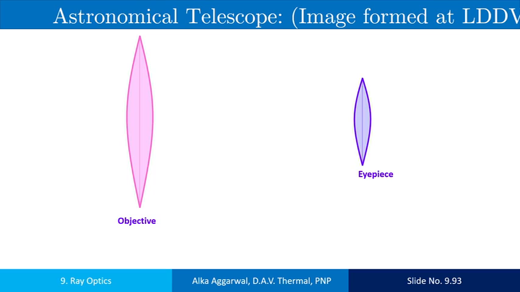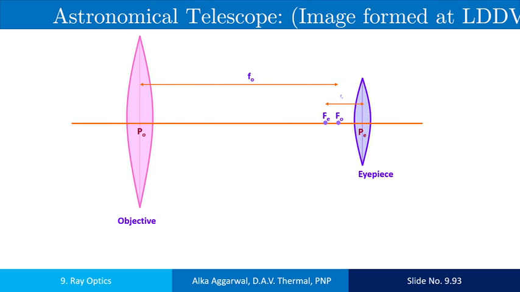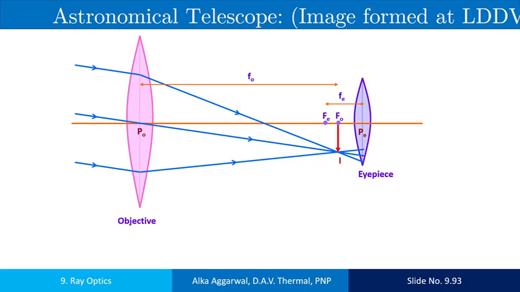The image formed by the objective lens is at its focus because the object is very far away, so the parallel rays converge at the focus of the objective and the image is formed.